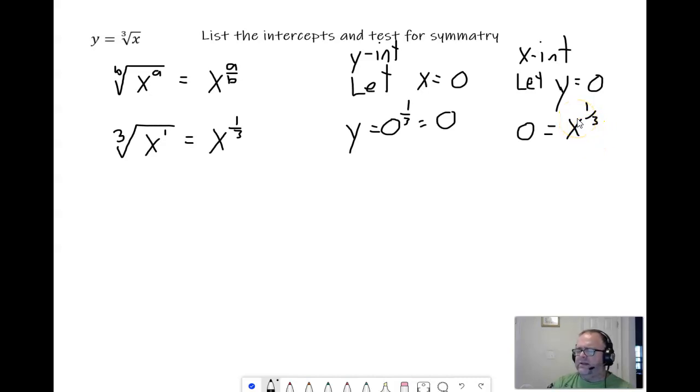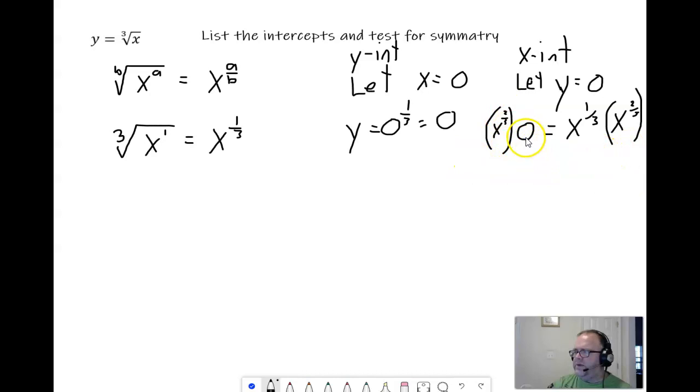But the one thing I'd like to do is remember that if you multiply an expression by the same base, you can combine it into one expression and just add the exponents together. So if I multiply both sides by x to the 2/3, a little bit tricky, but it'll be good, I'm going to multiply both sides by x to the 2/3.